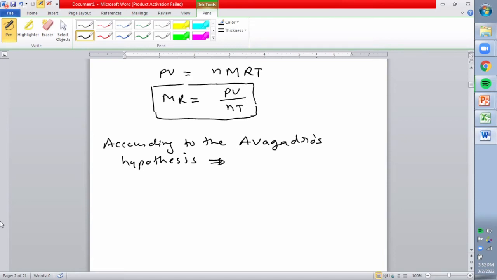Whether it's hydrogen, nitrogen, or helium, the volume of 1 mole of any gas is the same as that of any other gas at the same temperature and pressure.